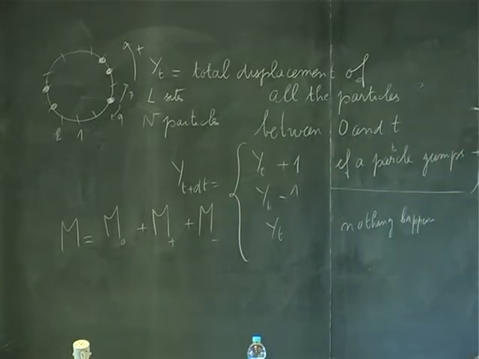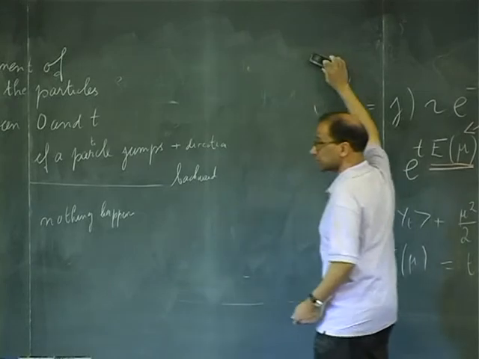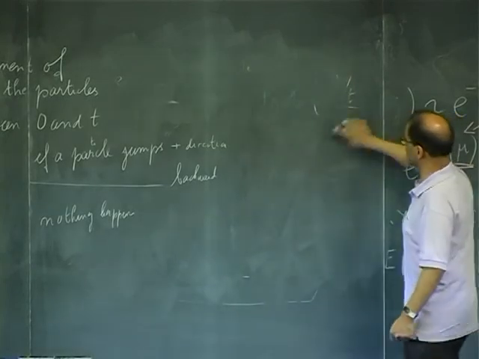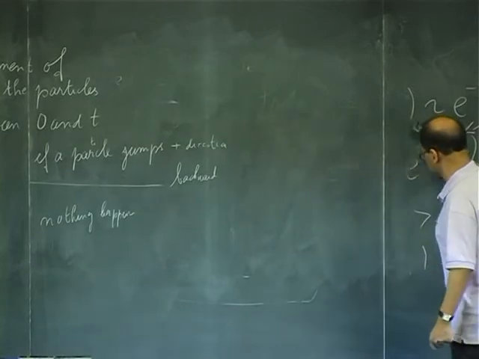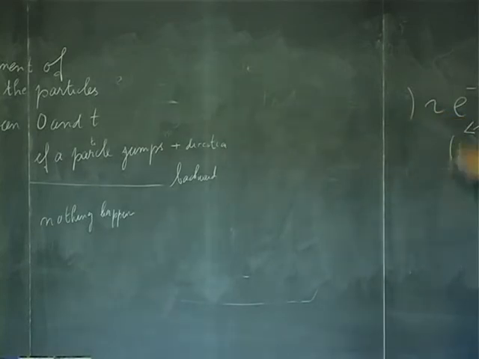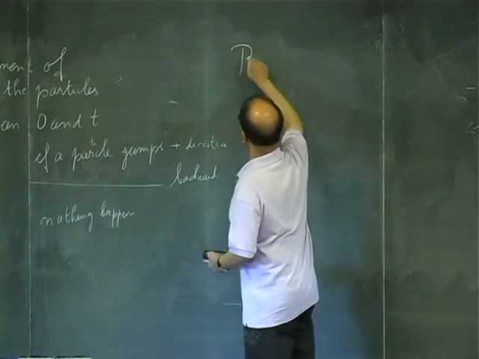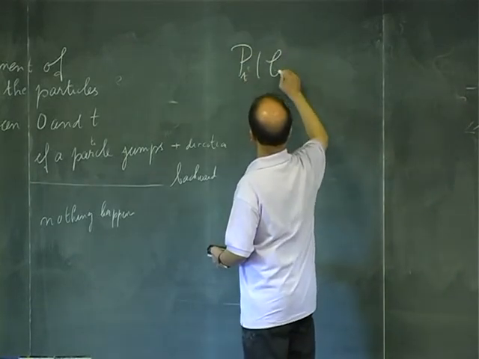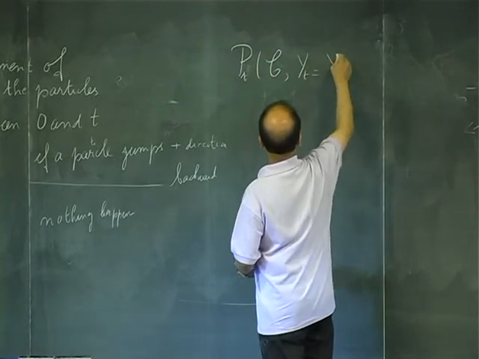So what we can do now is to define the probability to be at time t in a given configuration, with yt taking the value y. This is the basic object. So what is the probability that at time t the system lies in configuration C and yt takes the value y?